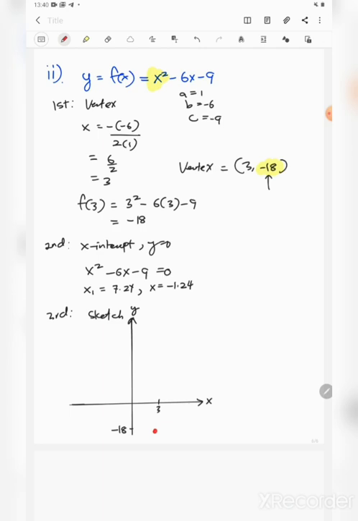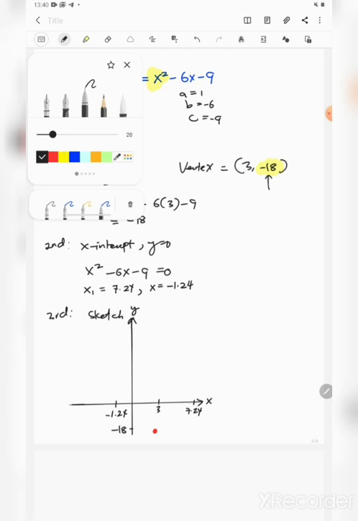And now we have the x-intercepts at negative 1.24, and the other one 7.24. So now let's sketch the graph.